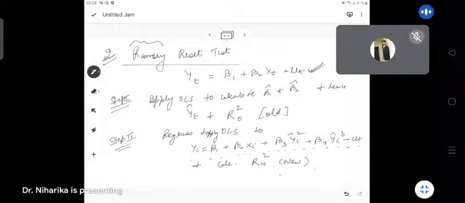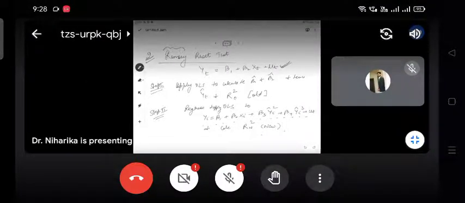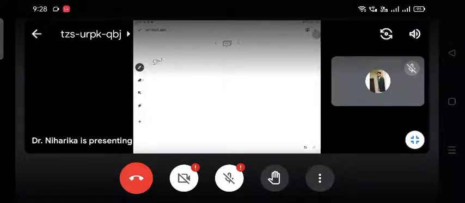So now after calculating both R o square and R n square, we apply the F test. So the formula of the F test is R n square minus R o square for the given number of additional variables, divided by 1 minus R n square for given n minus k degrees of freedom.